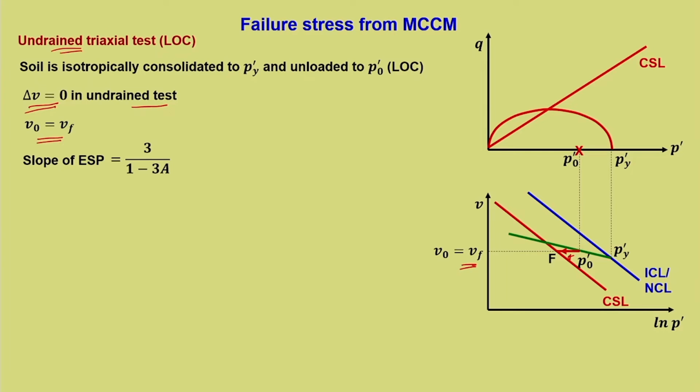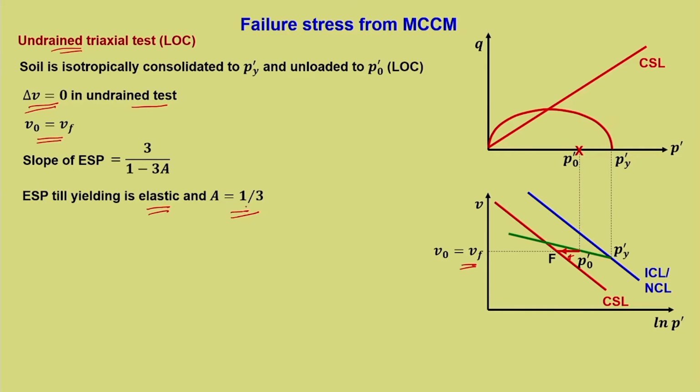Now, the slope of the ESP is 1 minus 3A, and we know that till yielding it is elastic. A is equal to 1 by 3. In fact, this particular aspect we have discussed several times. Some bit of information is getting added all the time, so it becomes very clear when we repeat these facts.